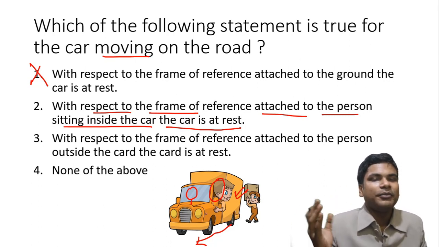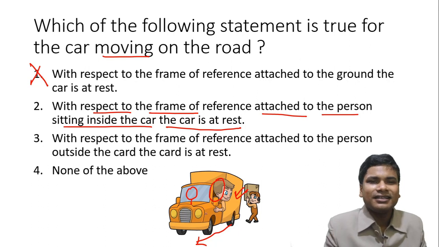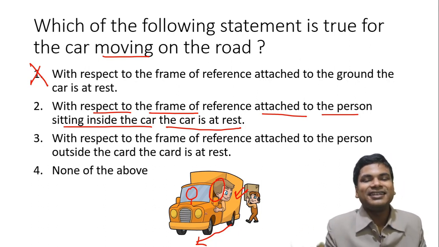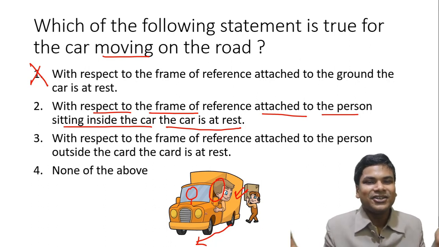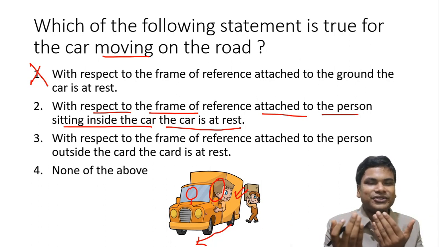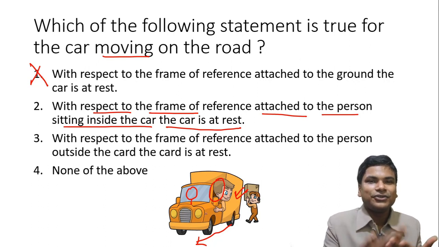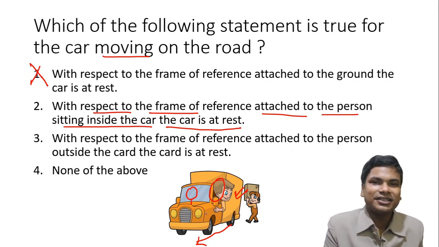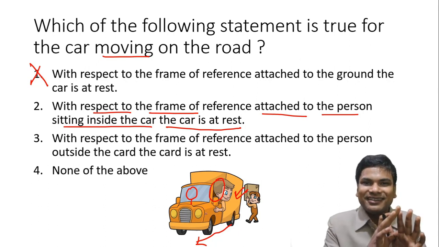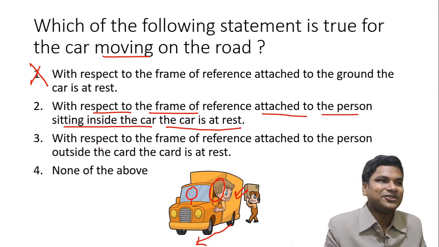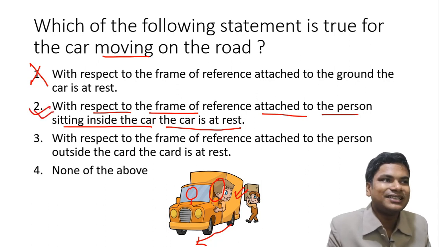Why? Because if the car is not at rest, then how could the person sit inside the car? So there is no relative motion between the car and the person sitting inside the car. So with respect to the person who is sitting inside the car, it is at rest. So obviously option 2 is correct.